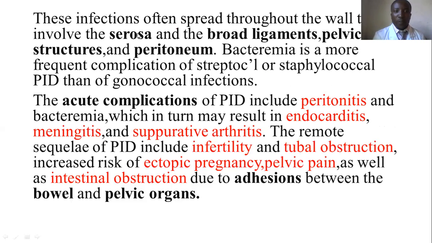We see that these infections often spread throughout the wall to involve the serosa and the broad ligaments, pelvic structures, and the peritoneum. Serosa is the other layer, the other sheath that covers the outside of the uterus. That is the serosa. Then the broad ligament I have already presented to you.